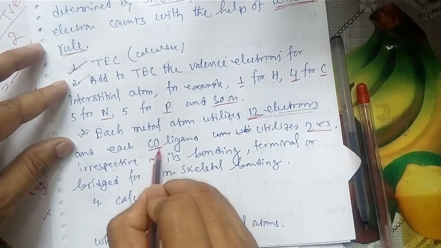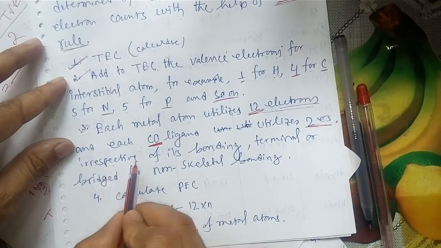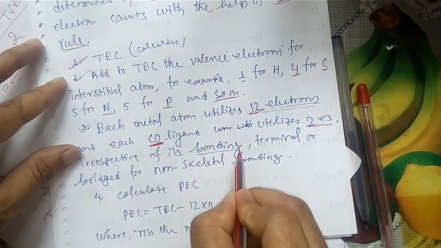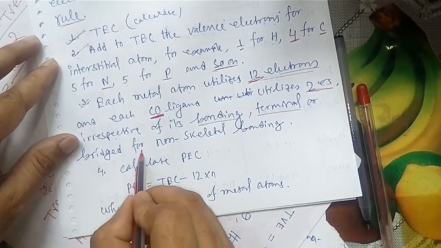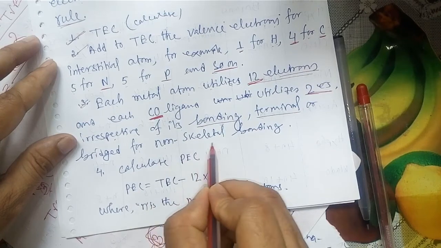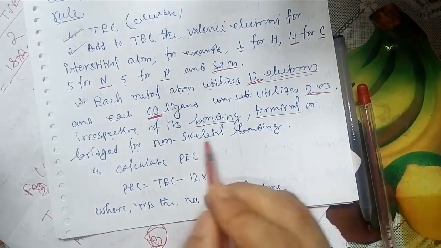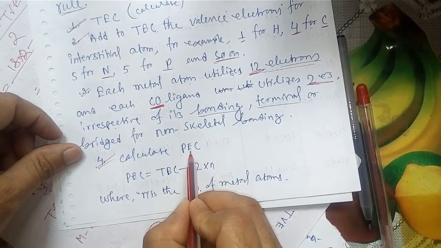And the ligands, here the ligand is CO. CO utilizes 2 electrons, irrespective of its bonding, terminal or bridging, for non-skeletal bonding.